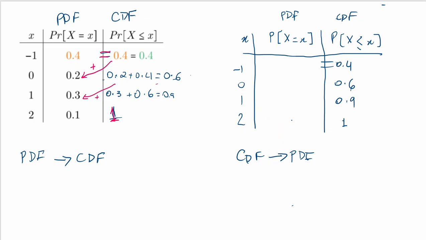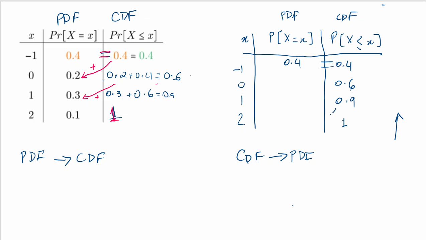Well, think about this. The first row is always the same, right? We know that. Now, the way to go from the CDF to the PDF is to go from the bottom to the top. So the reasoning is like this. You have summed up something to 0.9, right?